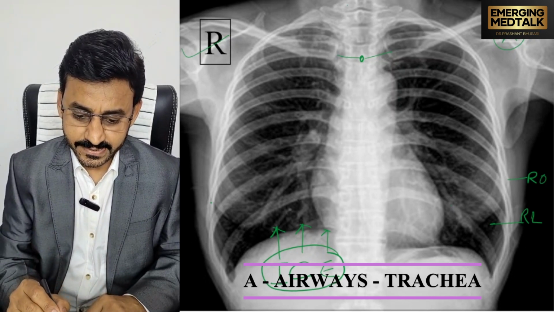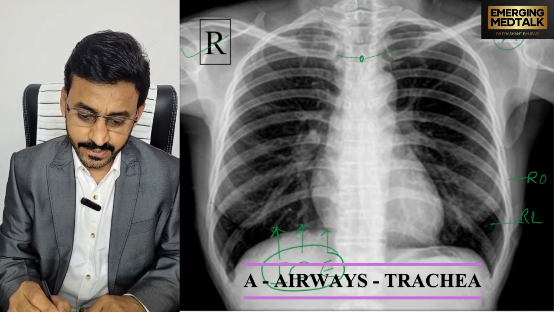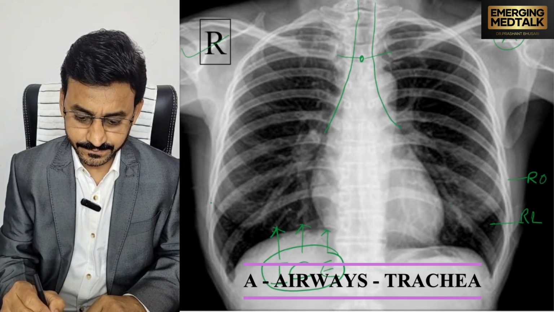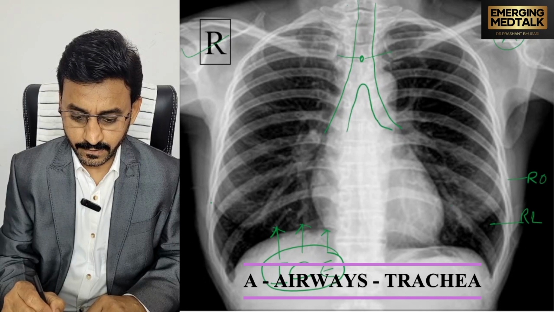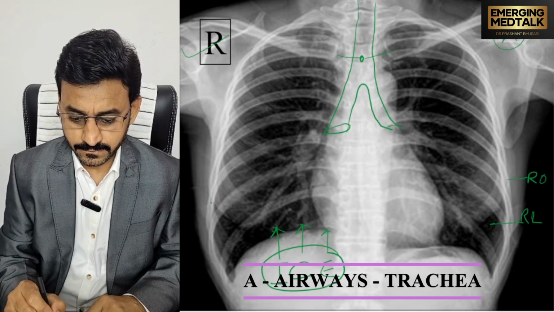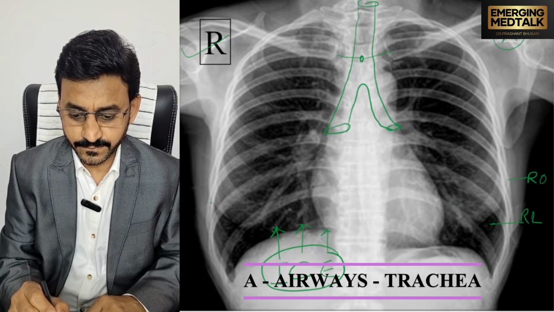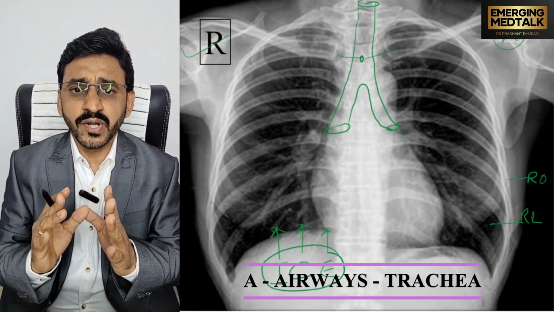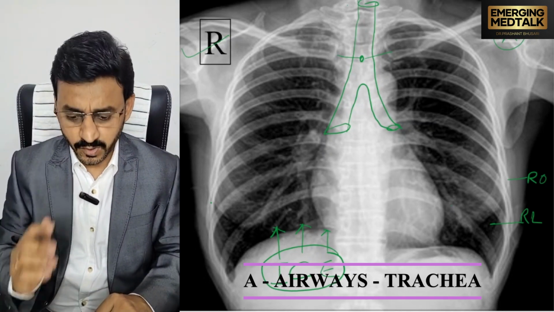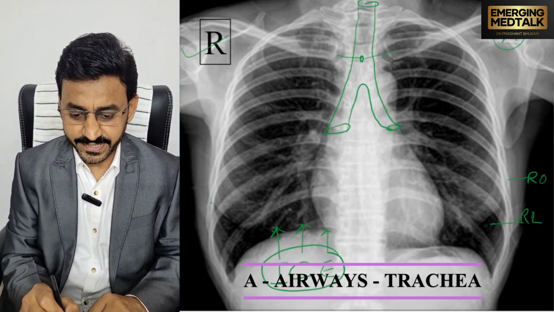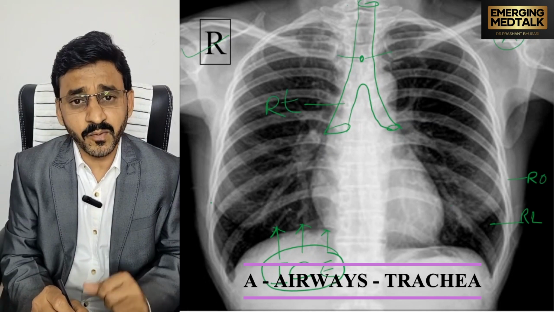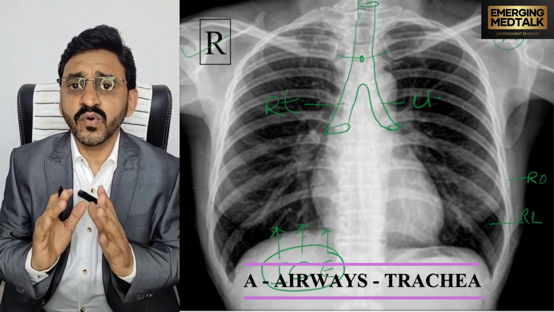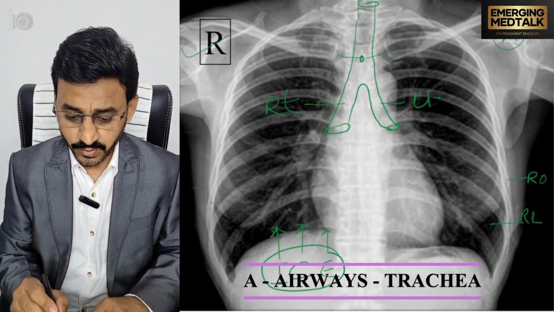Here is A, airway, that is related to the trachea. Here we can see this translucent shadow in the midline. That is nothing but the trachea. It is a translucent, midline tubular structure in the upper part of the chest, and it bifurcates into the right principal bronchus and left principal bronchus at around the lower border of the fourth thoracic vertebra.